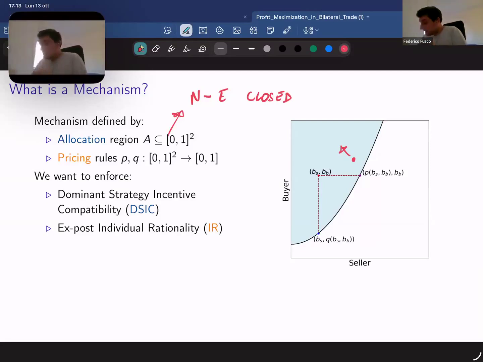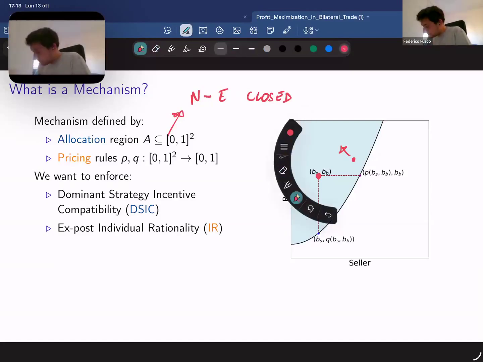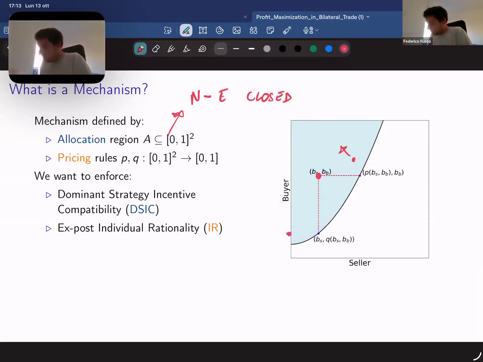And second, there is also a nice characterization of the pricing rules that are enforced by these allocation regions. Namely, let's try to understand. So if this is the bid, then we have to ask ourselves, what is the minimum bid that the buyer could have made and still get the item? Well, it is this one here.